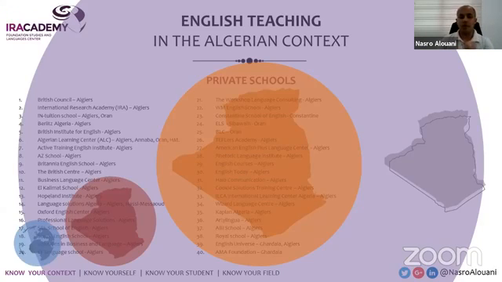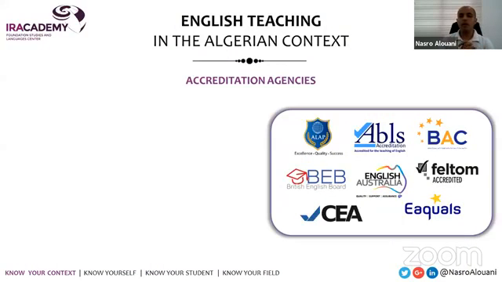How? What is the solution for such schools? Well, the solution is providing Algeria with a national accreditation agency, just like we see overseas. Most prestigious schools all over the world get certified by a national agency that gives a certificate for quality education in the English teaching field.